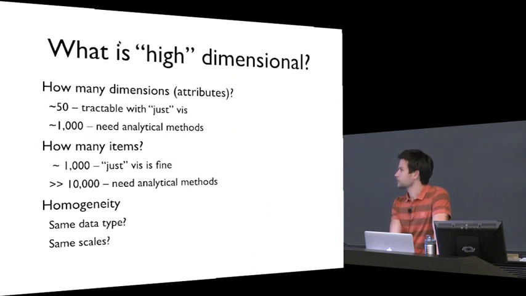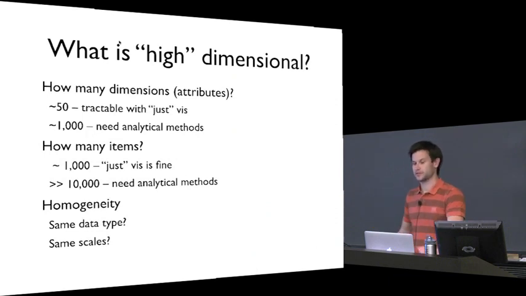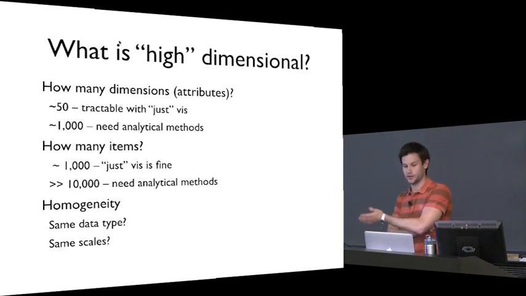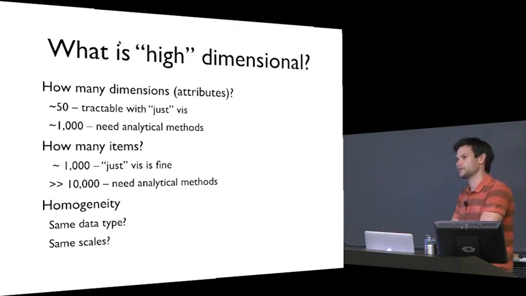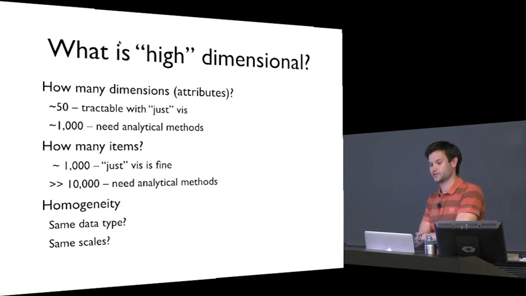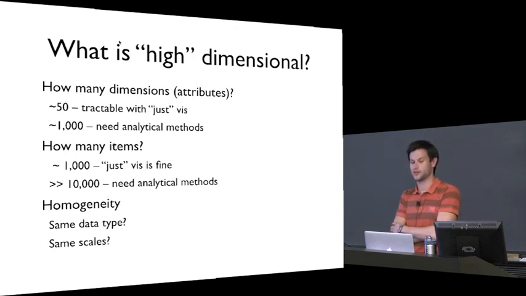So first, I want to introduce what high-dimensional data is. People talk about high-dimensional or multivariate data all the time. For visualization, you need to think about these aspects. Can I use just visualization, or do I need to, in addition, use analytics for it? For instance, if you talk about dimensions or attributes, so the columns in the table, then if we just take up to 50, that's probably tractable with just visualization.